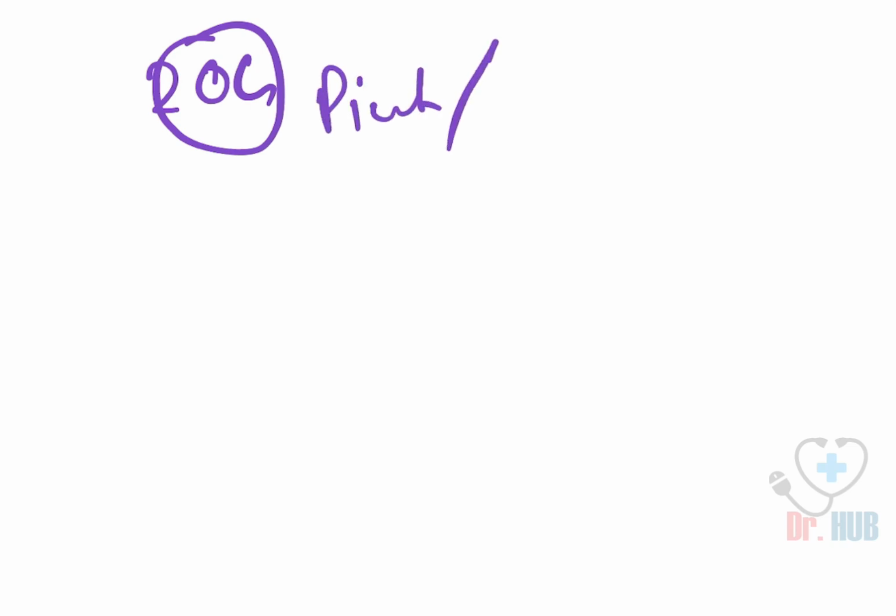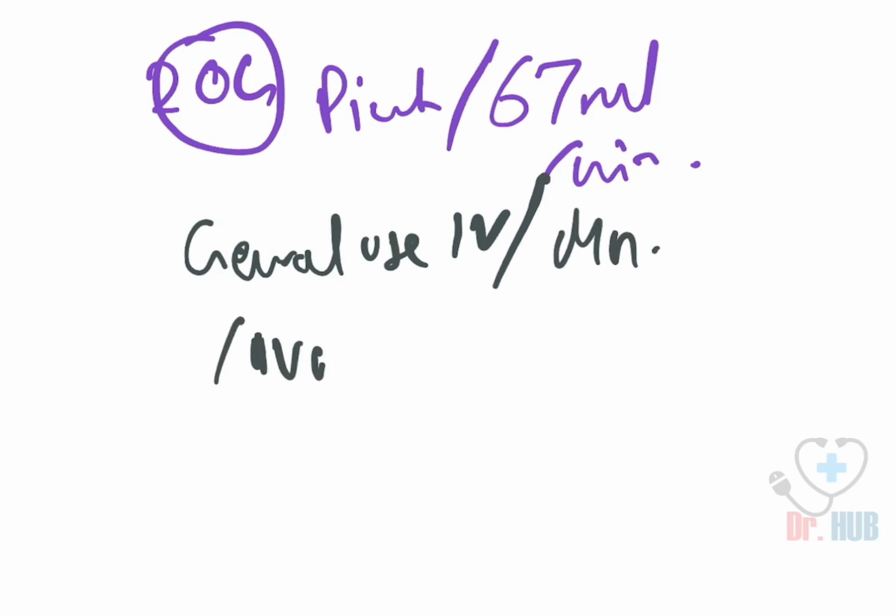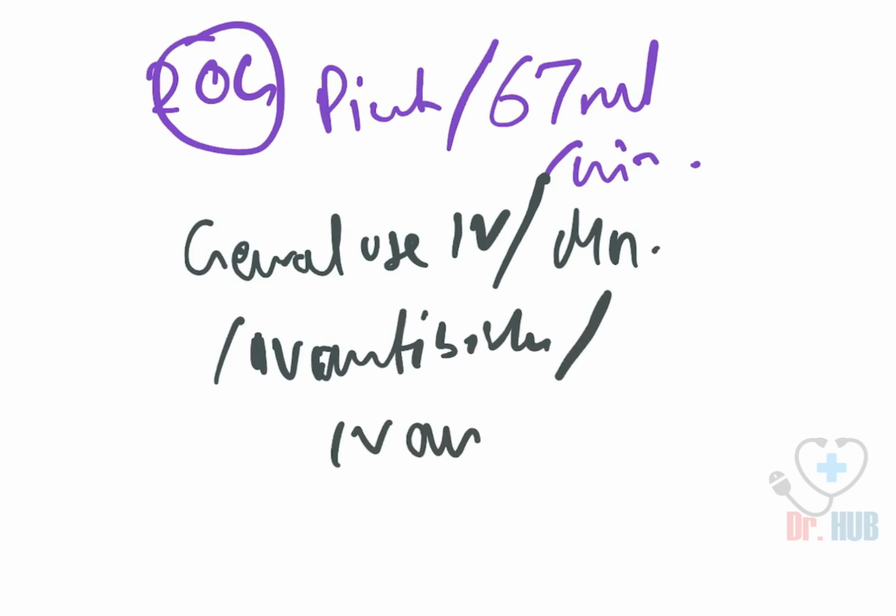Next we look at the 20G. It is pink in color and the flow rate is 67 ml per minute. What is the use? It can be used for general IV use, for maintenance, that is IV antibiotics as well as IV analgesics.